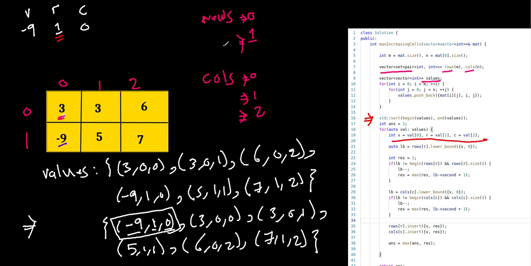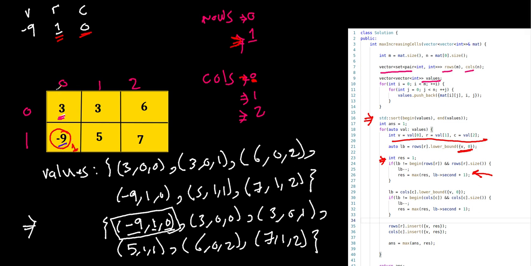We look at row 1 for the first cell that has the value equal to -9. In this case, the set is empty, so the result will be 1. This condition will not enter. And for column equals 0, the same, we look in this set, but this set is empty, so the final result is 1 for this cell.